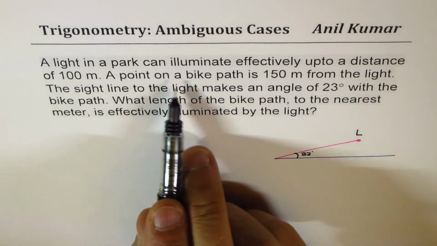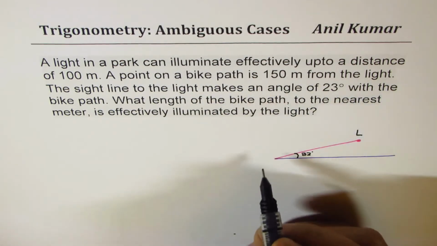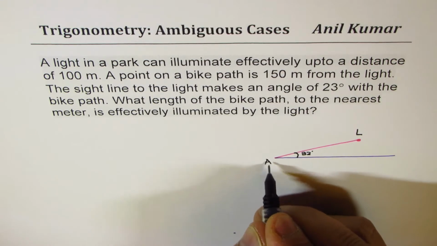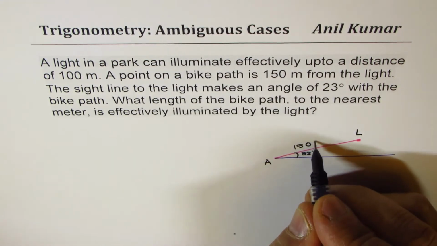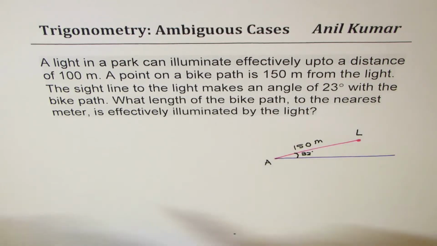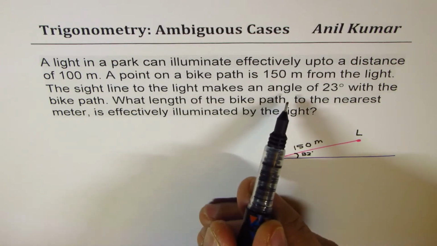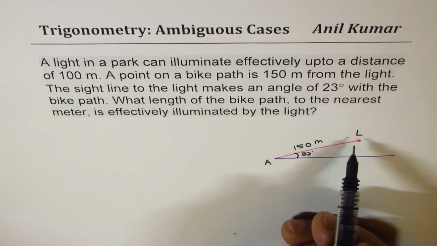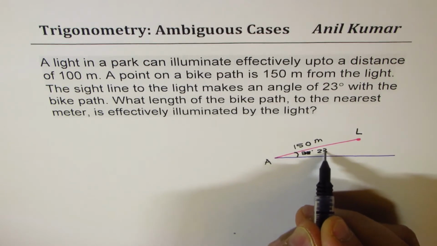So a point on the bike path is 150 meters from the light. So this point, let's call it point A. It is 150 meters from the light. Is it okay? The sight line to the light makes an angle of 23 degrees, 23, not 32, 23 degrees.